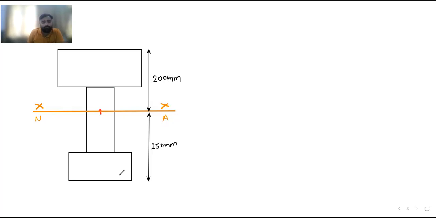Okay. Now calculate the moment of inertia. Calculate the moment of inertia Ixx. So what is the formula for Ixx? Ixx is equal to I self, or we are having three figures now: 1, 2, 3.